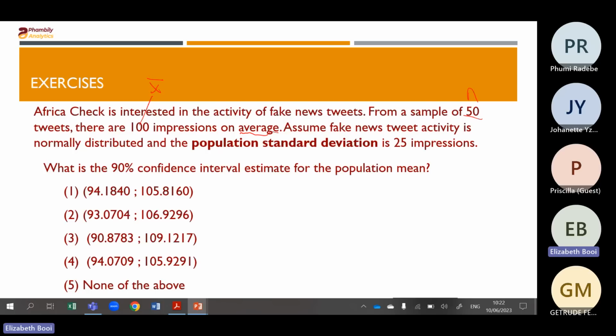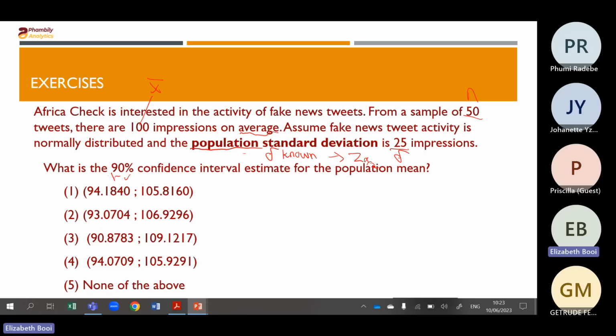That's our point estimate. Assume that fake news activities is normally distributed with the population standard deviation. So therefore, it means our population standard deviation is known. And that tells me that I'm going to use the Z critical value, Z alpha divided by 2. And I'm told that my standard deviation is 25. So what else? What is the 90% confidence interval?